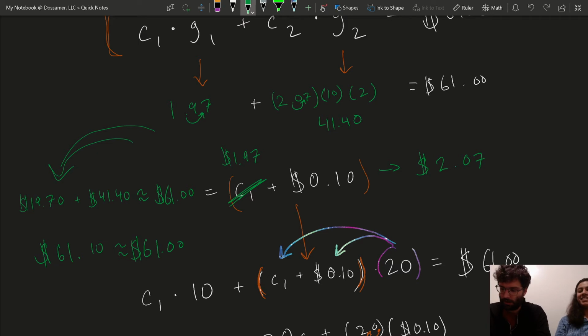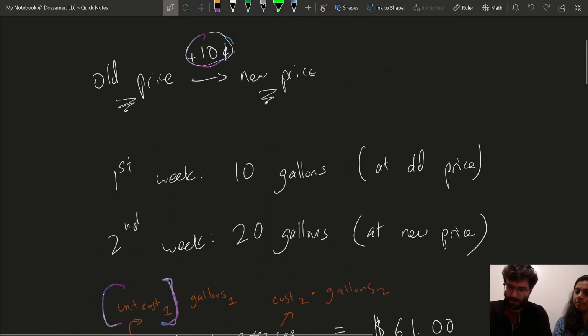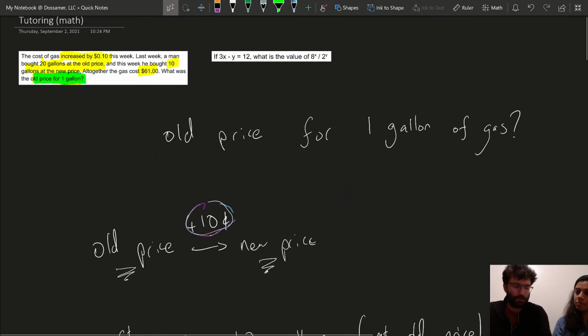And then 70 and 40 is $1.10. So $1 plus 60 is 61. And then we have 10 cents left over. So $61.10 is approximately $61, and I will call that good enough. The reason there's a discrepancy is, again, because we had to round the $.6666666. But that's pretty close and good enough. So that's not so bad.